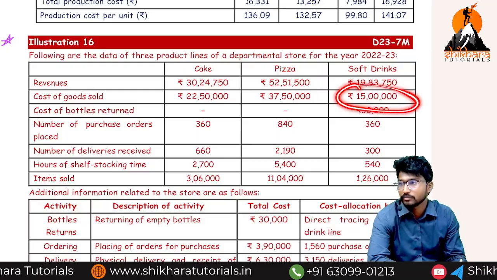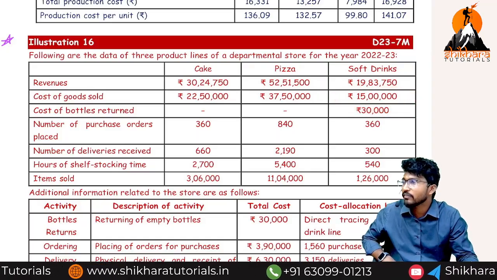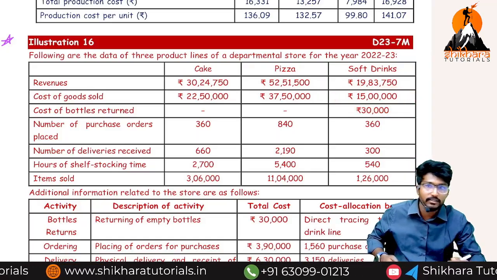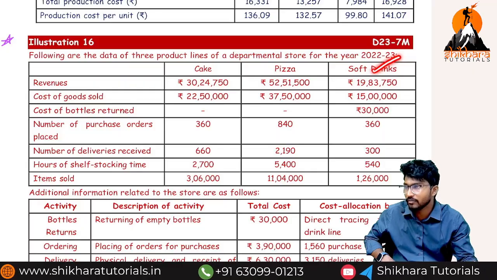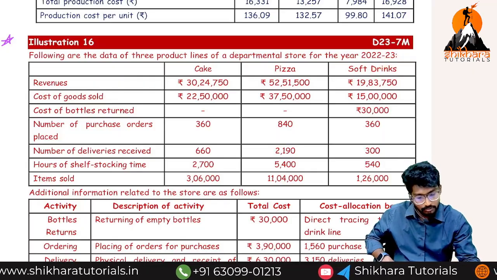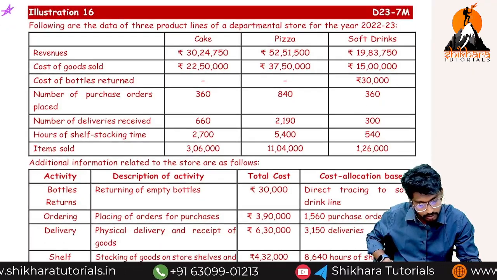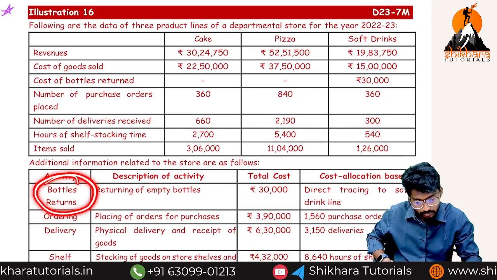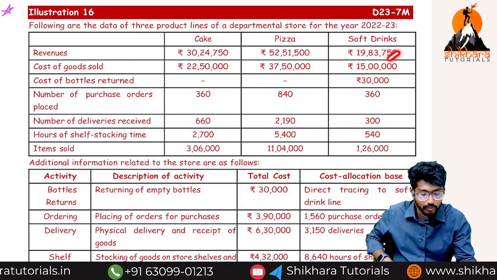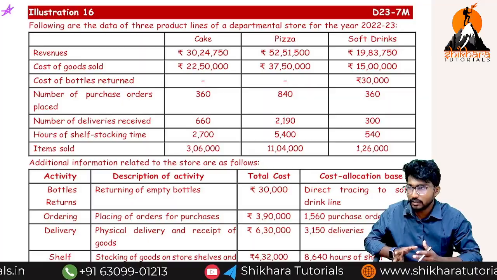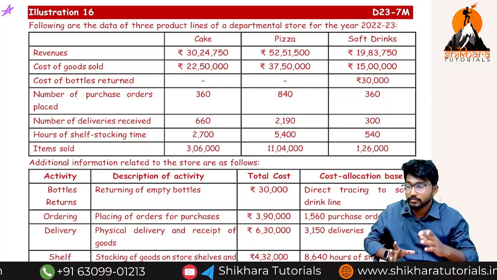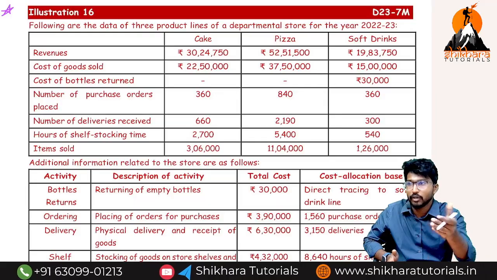Cost of goods sold. Why? Because it is an amount of refund. It is income for us. Okay, we sold soft drinks along with the bottles. Sorry, okay, from revenue we have to deduct this 30,000. I am selling cool drinks along with the bottles.